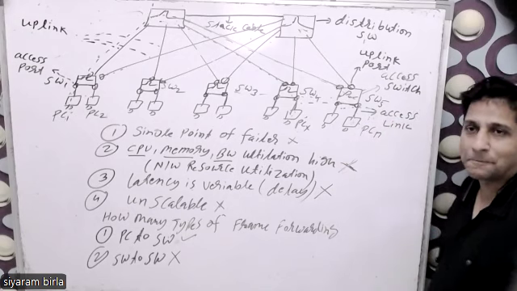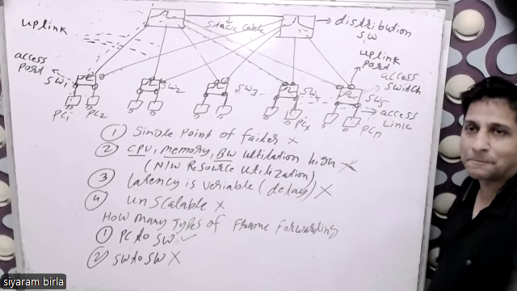Here the distribution switches are connected to the access switches. A lot of switches are there. These are the distribution switches, and these are the access switches. The access switches are connected to the PCs.